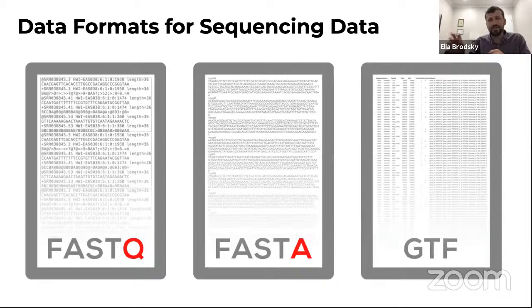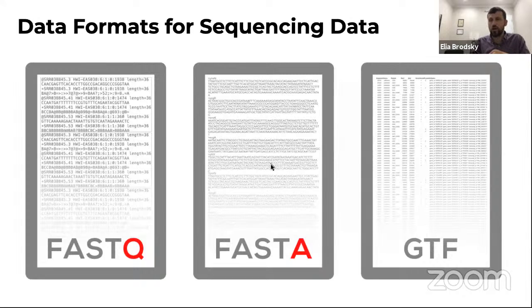When we have data coming out of the sequencer, it comes in multiple types of formats, and we'll refer to these formats all throughout the program. So three formats that you have to remember at this point. FASTQ, which is information about sequencing reads, and those sequencing reads will include the actual sequence, as you can see right here, the length, and also quality. So quality for each one of the characters: how confident are we in the quality of that particular nucleotide.